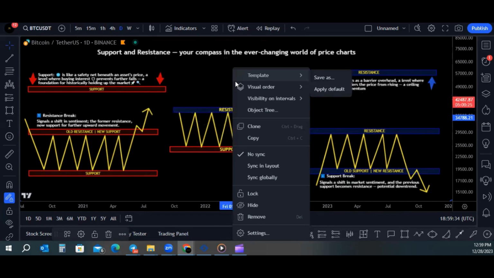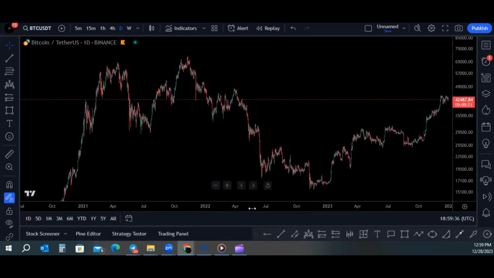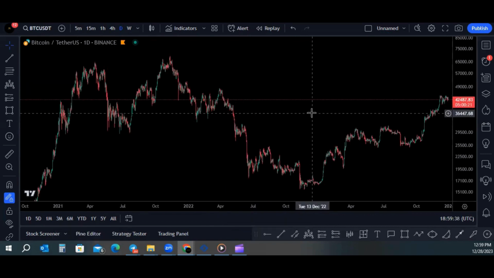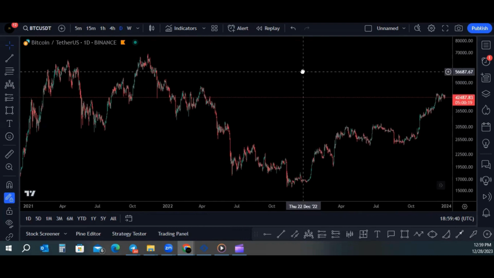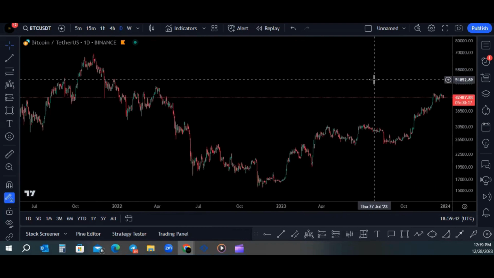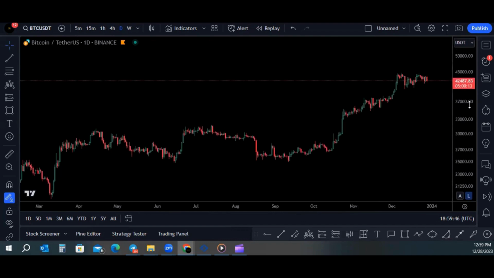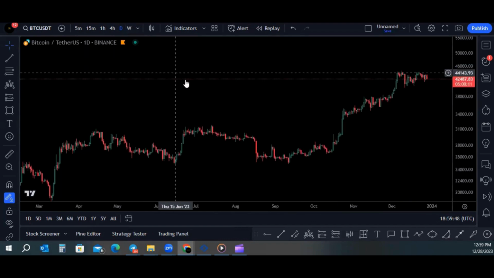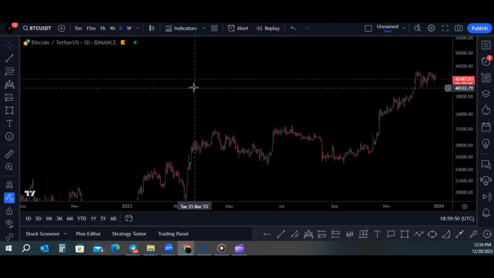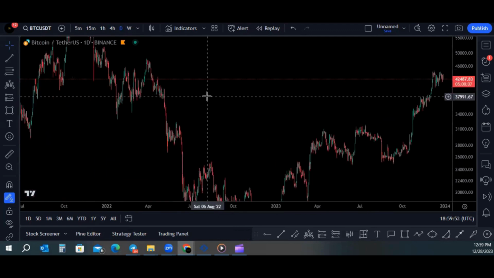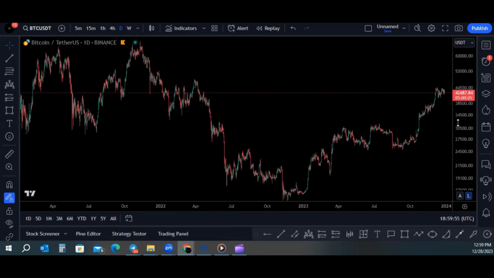Let's take a look and see how we use these to help us get an idea, in this situation, where we are right now in Bitcoin. We're looking at the daily. One of the major keys to finding historic data is looking at a price chart.